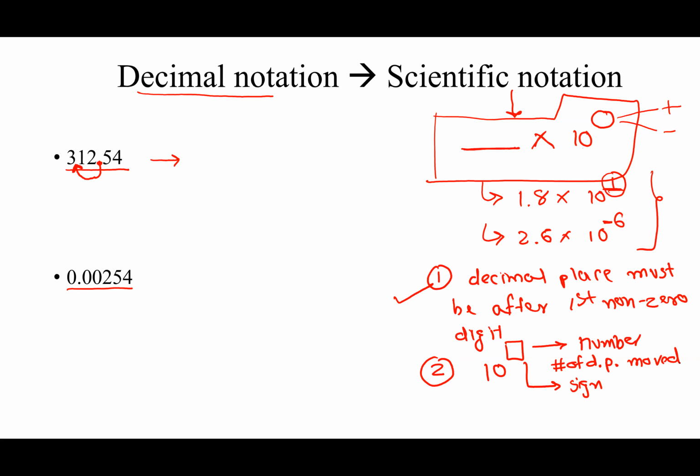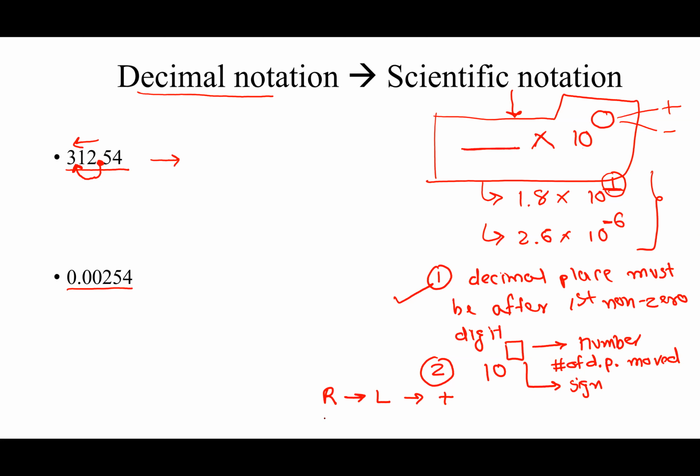So remember, if you're moving your decimal place from right to the left, let me just write down. This is right. You're moving to your left. The sign should be positive. All right.